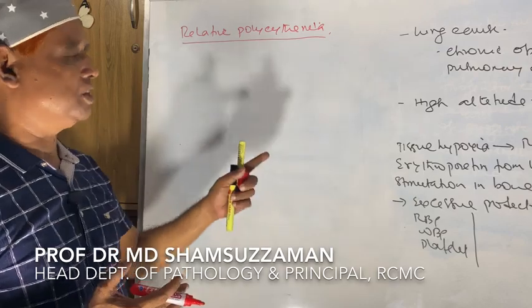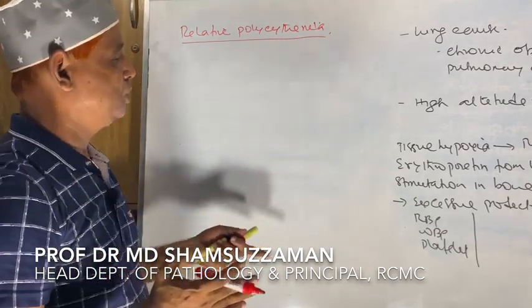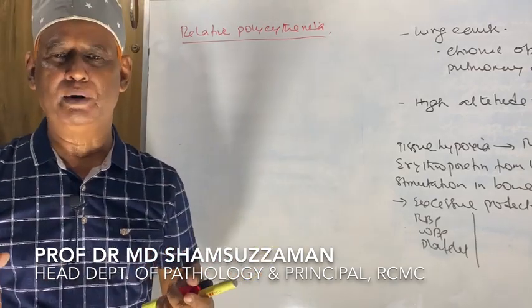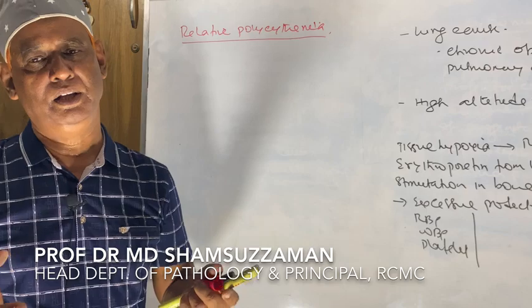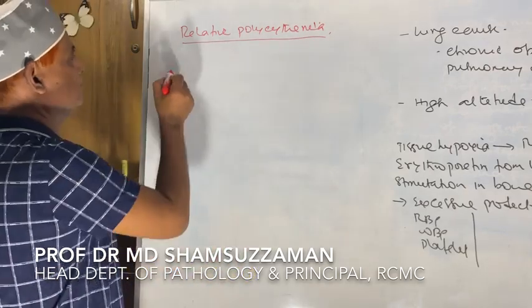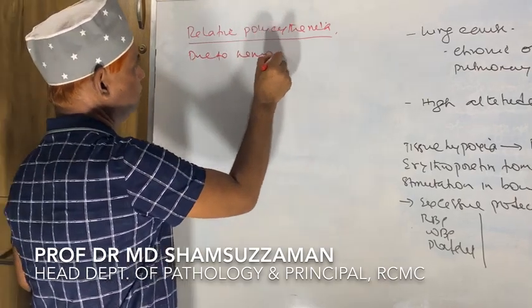But in relative polycythemia, there is no uncontrolled or excessive proliferation of progenitor cell, but there is increased number of RBC, WBC, platelet in blood. Why? It is due to hemoconcentration.